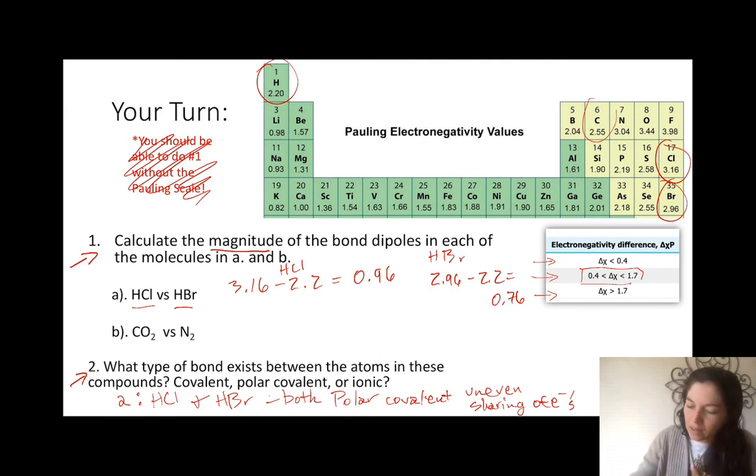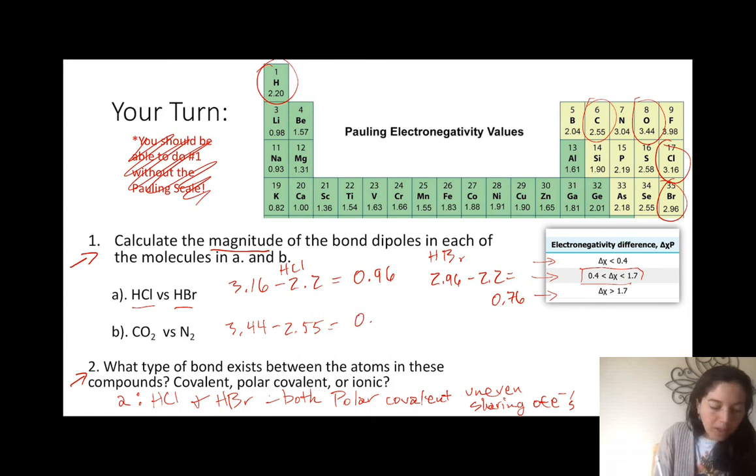Okay, let's take a look at our carbon dioxide. So CO2. The bond here in between the carbon and the oxygen we're looking at is 3.44 for our oxygen minus the 2.55 for the carbon. That gives us 0.89. Let's take a look at our N2. N2 is 3.04 minus 3.04.